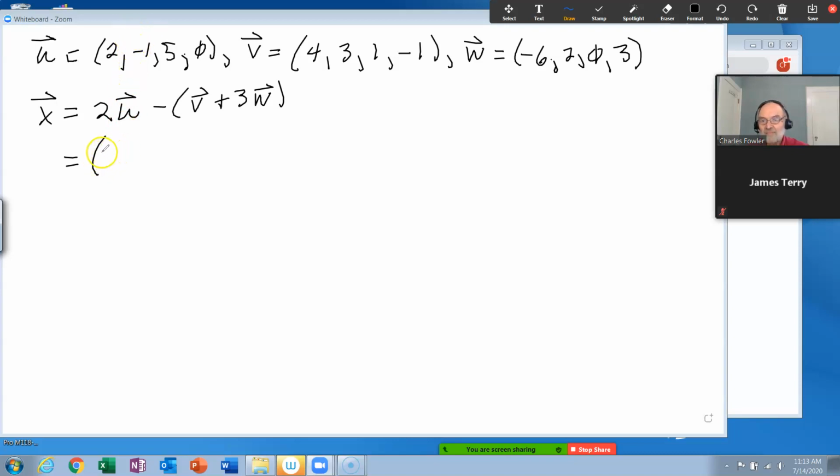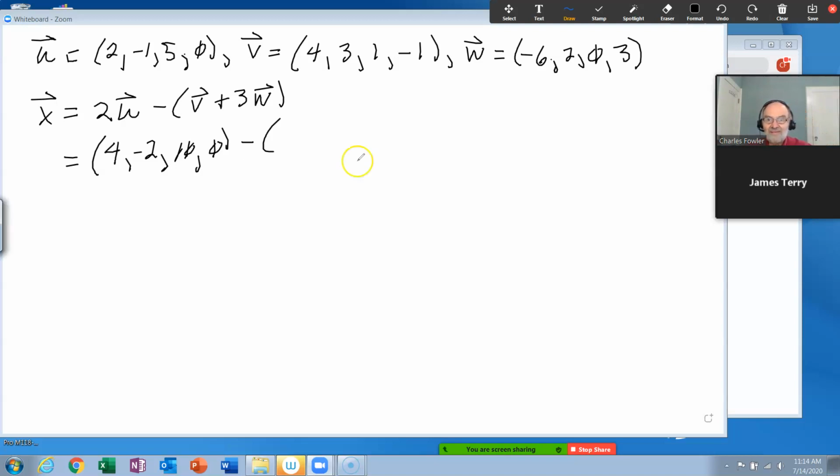What would that give you? Good start. Now I'm going to try to do these two operations at once, but if you want to string them out, we can.